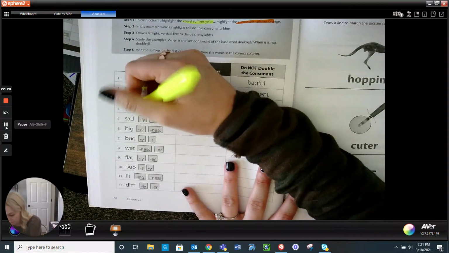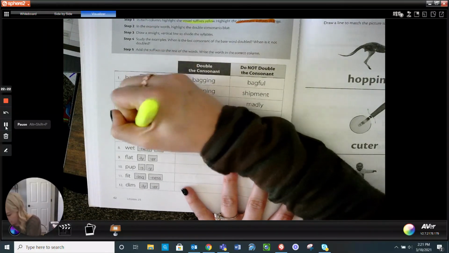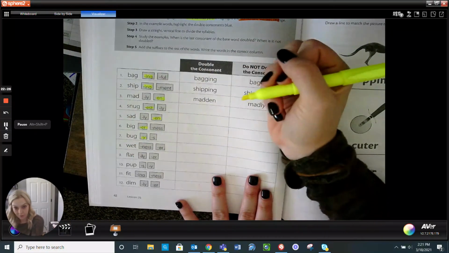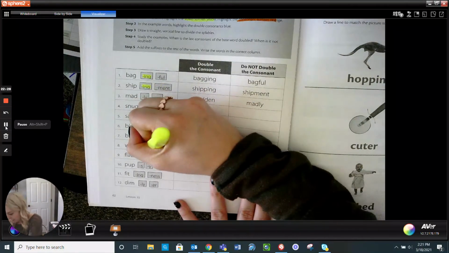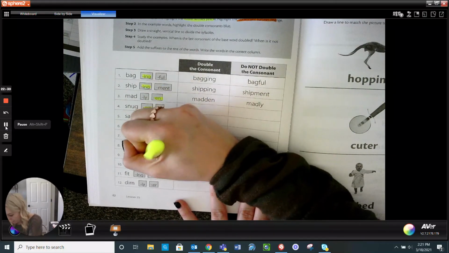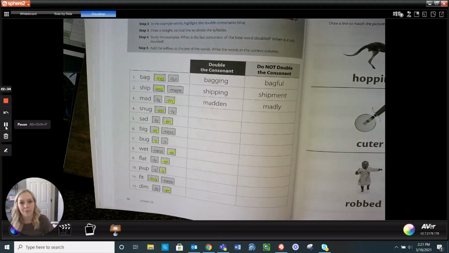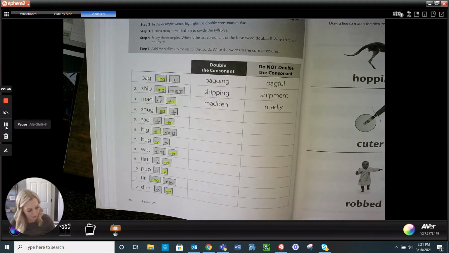vowel, vowel, vowel, vowel, vowel. All right, and then all the other ones are going to be orange.